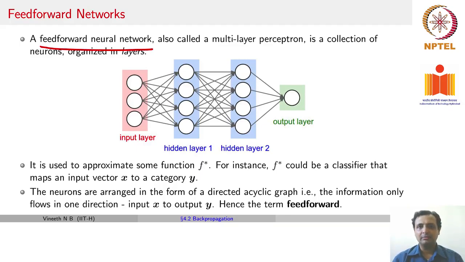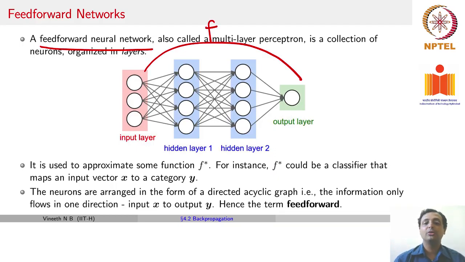Obviously, at the end of the day, a neural network, a feed-forward neural network, or a multilayer perceptron is approximating a function that takes you from input to output. So whatever function you're approximating can be better approximated perhaps if you have more hidden layers, if that function is complex.